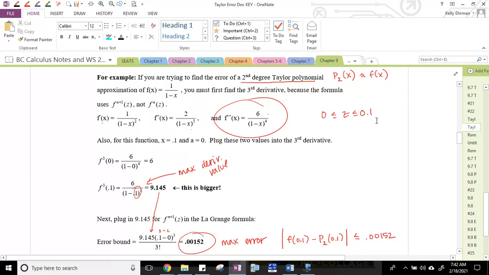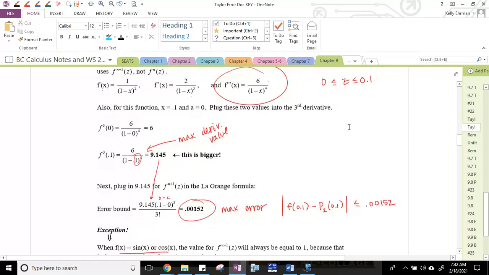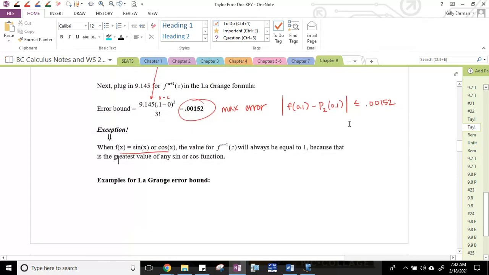What's sine of 0.1? I don't know, but I don't ever hit 1 between sine of 0 and sine of 0.1. That doesn't matter. We're coming up with a very conservative, give me the biggest possible error, give me the most room for failure here. So it doesn't matter what your interval for z actually is. That value will always be 1.